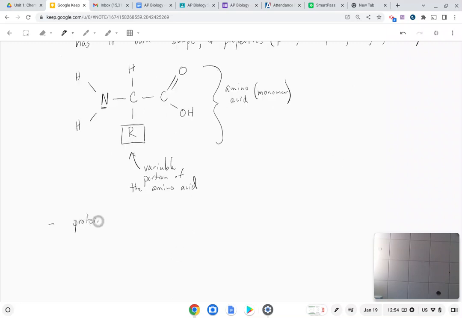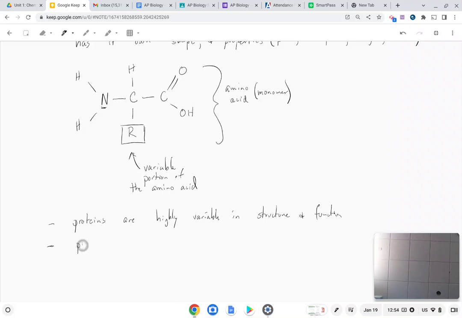Proteins are highly variable in structure and function. The list is like a mile long. You could seriously spend the rest of your life studying different proteins and their different structures and functions and all the roles that they play in the body.